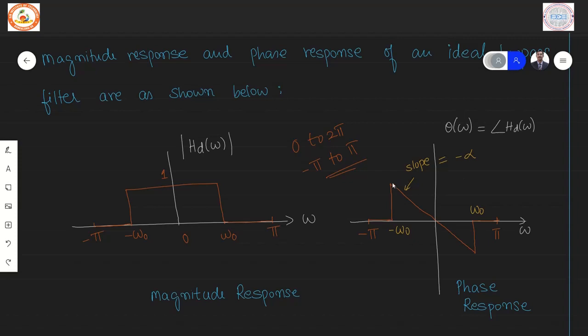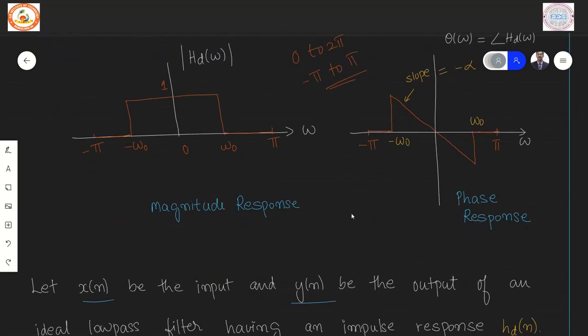This is what is called a linear slope. In the case of IIR, we probably would not have obtained a linear slope like this. Between omega naught to pi it is 0, and between minus omega naught to minus pi also it is 0. So in the range of usable frequencies, it is exhibiting a linear slope. So the phase is said to be linear.